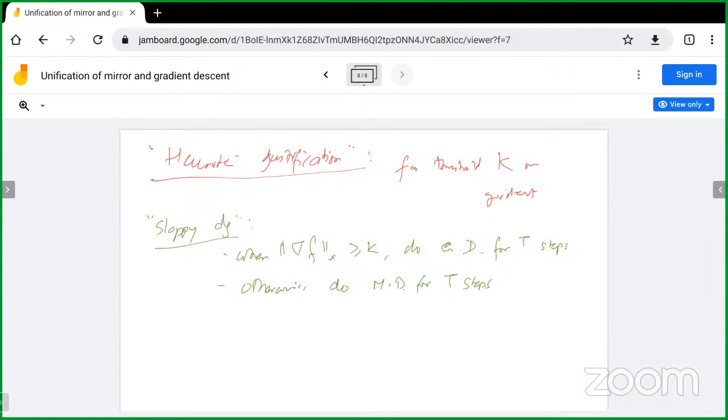There's another method called coordinate descent. I want to make comments about that, because this kind of idea is useful there also.